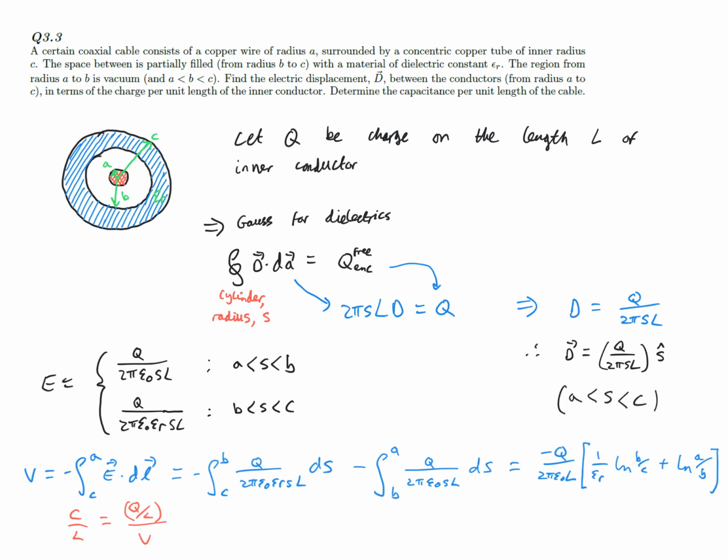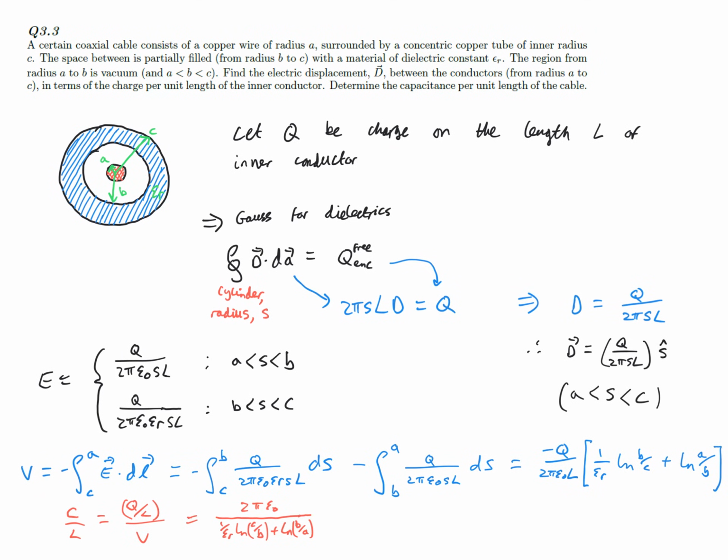Also, the potential difference involves the length of the tube, and that will also drop out. In the end, I'm just going to obtain this. It's 2 pi epsilon naught over 1 upon epsilon r log c upon b plus log b upon a. So it's just a bunch of constants that featured in the original problem statement. So we just see that this capacitance per unit length is a pure geometric factor, as we'd expect.